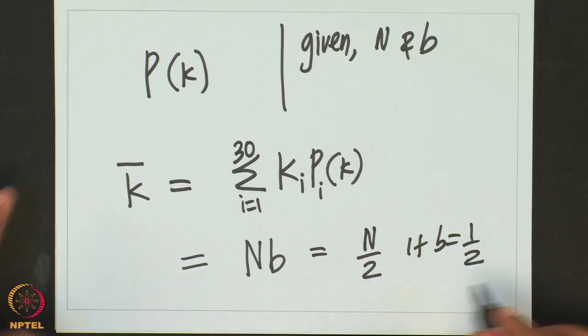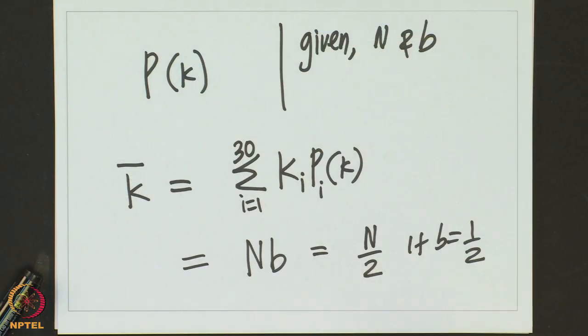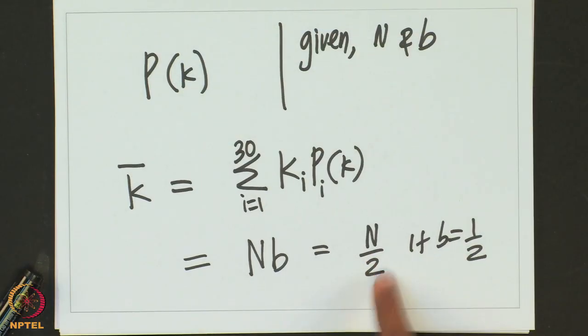So if you have 10 tossings, and you go to many places and do 10 tossings, then your answer will be n by 2. The probable average value will be half, 5. And n by 2 is 5, for 10 tossings. The average number of heads will be n by 2, which is 5.